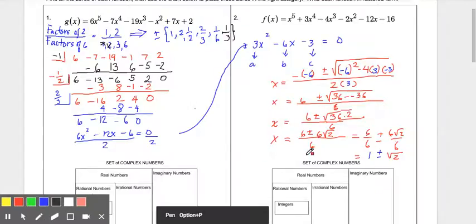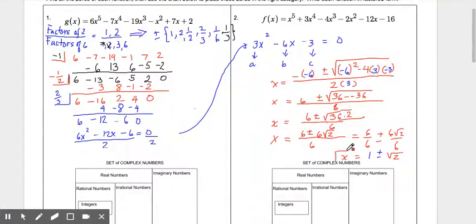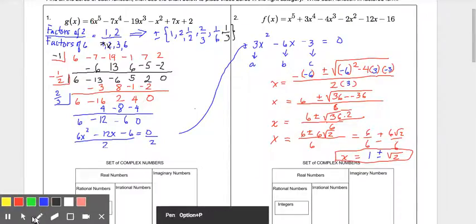All right, so these are the two remaining zeros. So now we have 1, 2, 3, 4, 5. There's 2 here. 1 plus square root of 2, and the other one is 1 minus square root of 2. So now let's go back to our function.